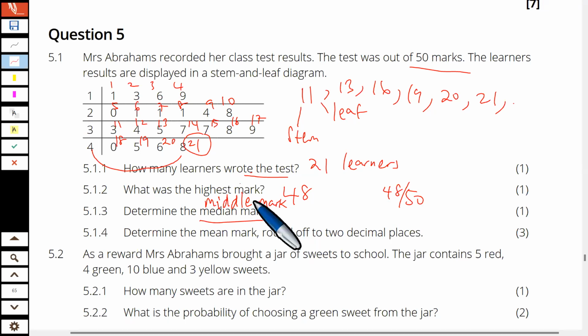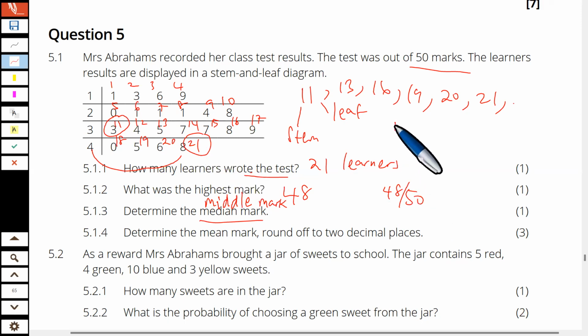If there are 21 marks, it means that you potentially have 10, 10. So you need to count 10 marks there to get the middle one. So you have 10, and then there is this one here, which is the 11th. Then there's another 10 because there are 21 altogether.